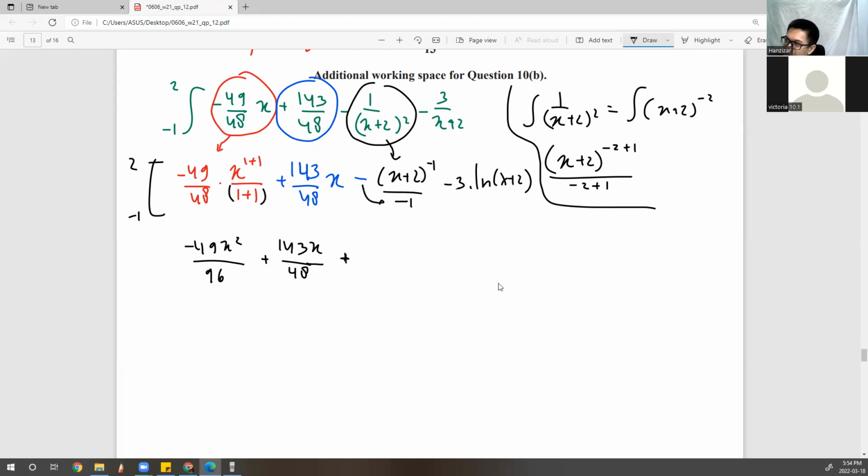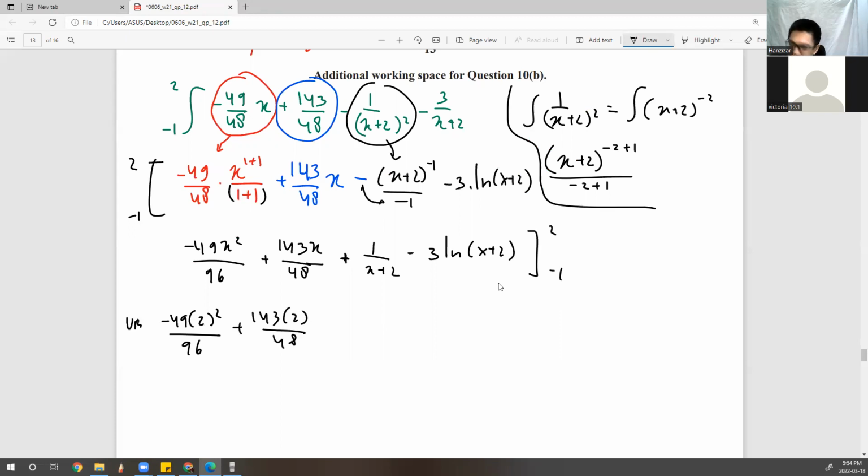Right, there you go. And then 1 over x plus 2 power -1 going down, minus 3 times ln of x plus 2, but we need 2 and -1. Upper bound minus lower bound, remember that rule. So -49 times 2 square over 96 plus 143 times 2 over 48 for the upper bound right down here. And then plus 1 over 2 plus 2 minus 3 times ln of 5. Oh wait, no, ln 4, 2 plus 2, right?